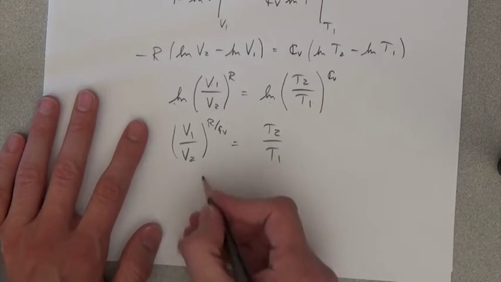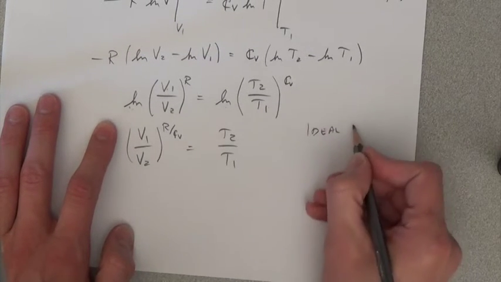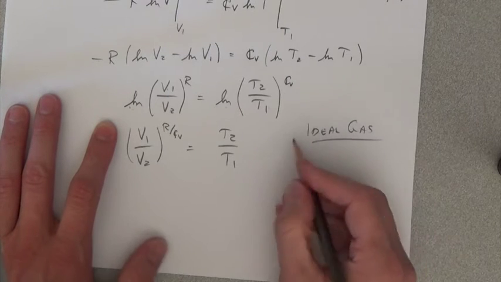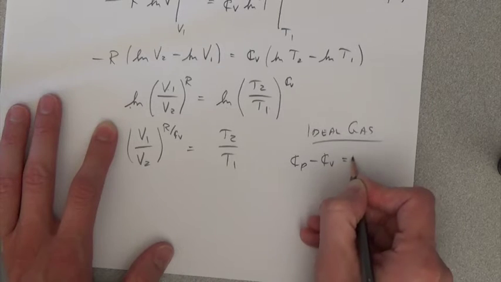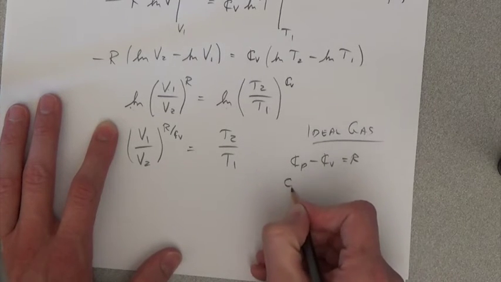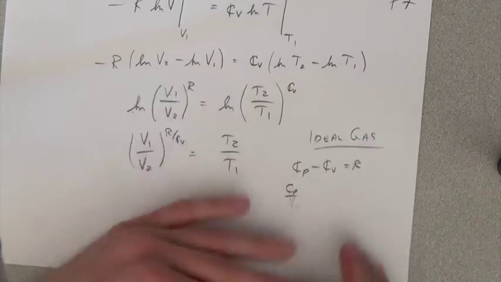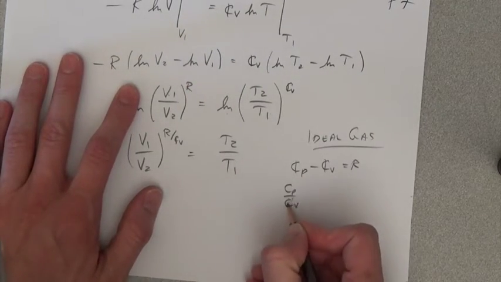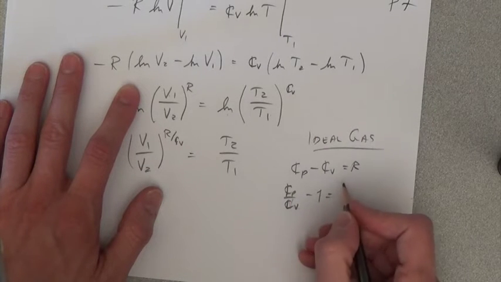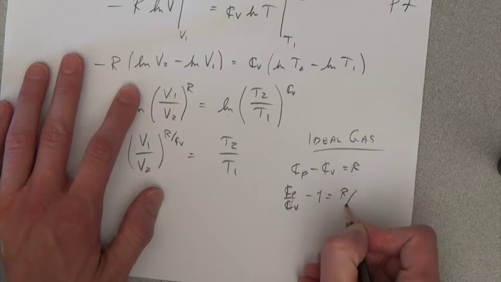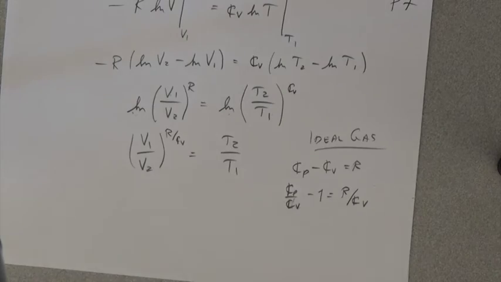And then using that as an ideal gas, we have Cp minus Cv equals R, so Cp over Cv minus 1 is equal to R over Cv.